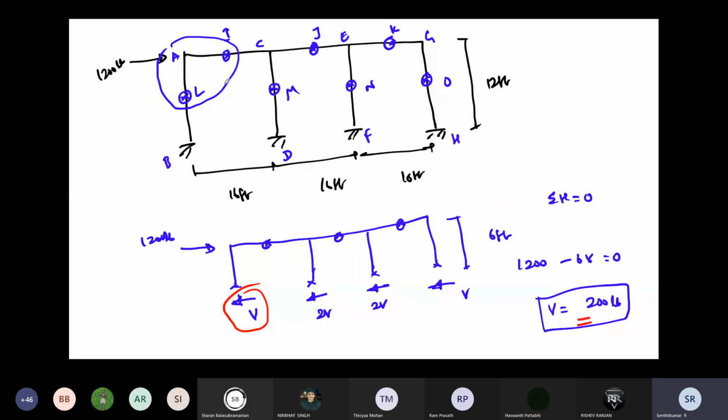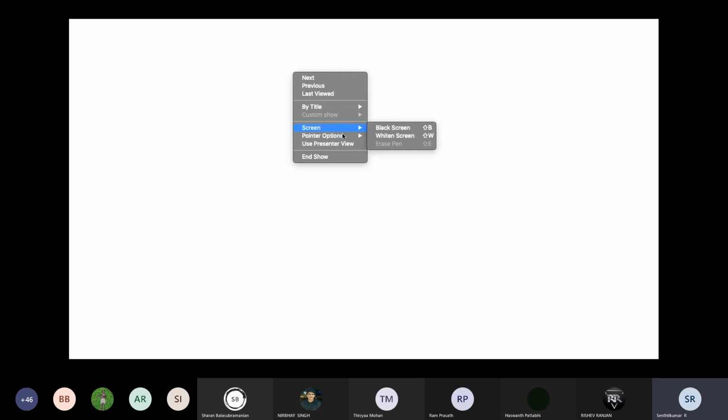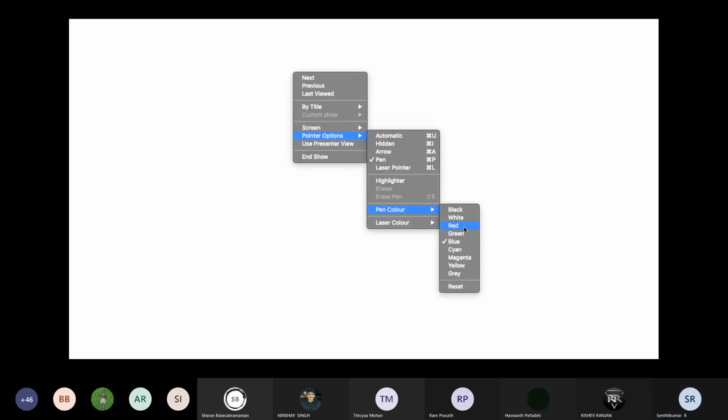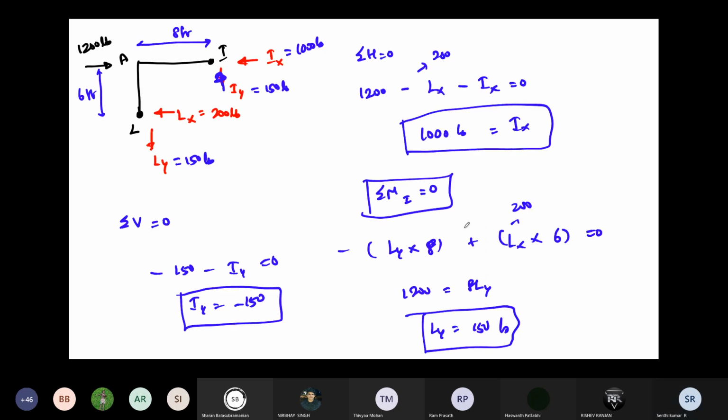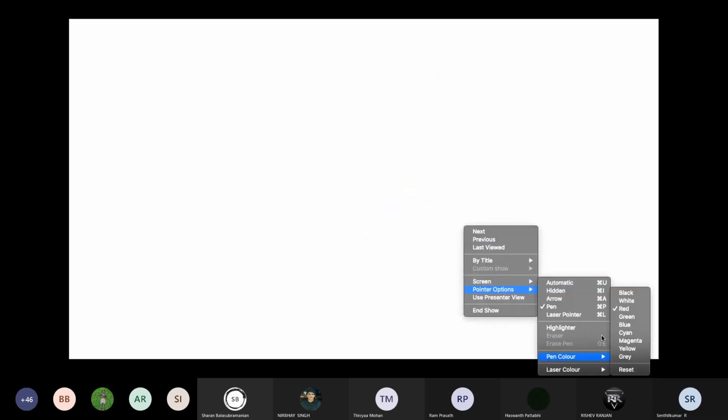Right? Then what is the next step? This one, 1, 2, 3. ICJM. So I am having joints here.